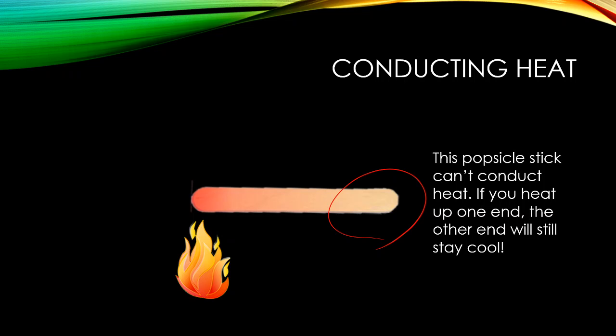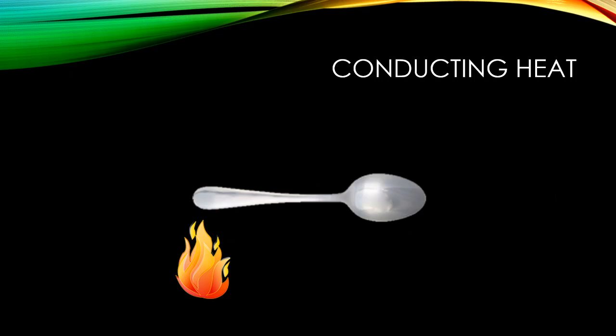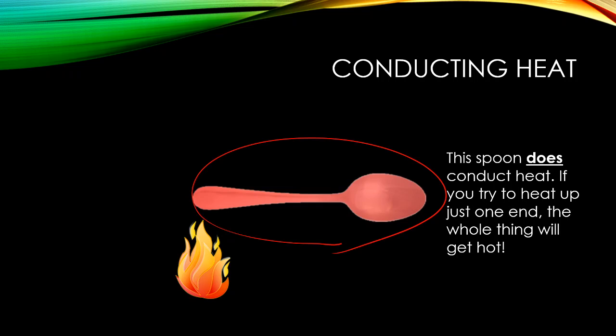That's different from if I try to do this same exercise and I use the spoon instead. If I put one end of a spoon over a fire or a source of heat like this, then yes, that end would first start to heat up, but if I waited just a little bit of time and I let that continue, eventually the heat would spread to the entire object. And even this side of the spoon over here would start to get super, super red hot.